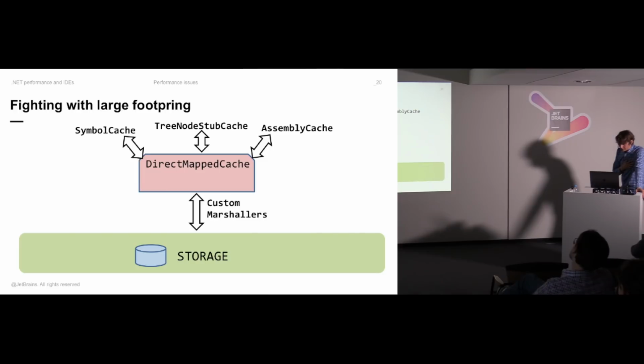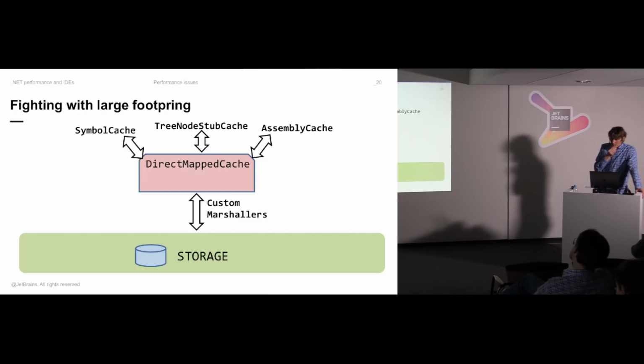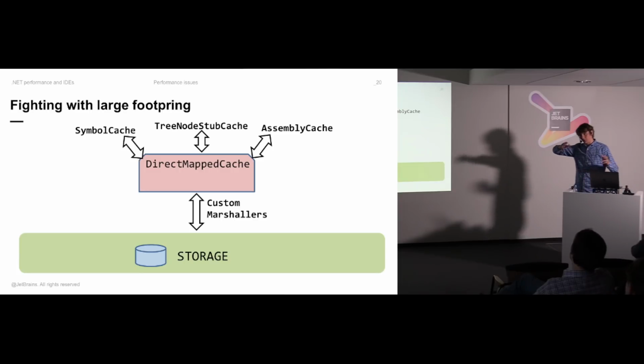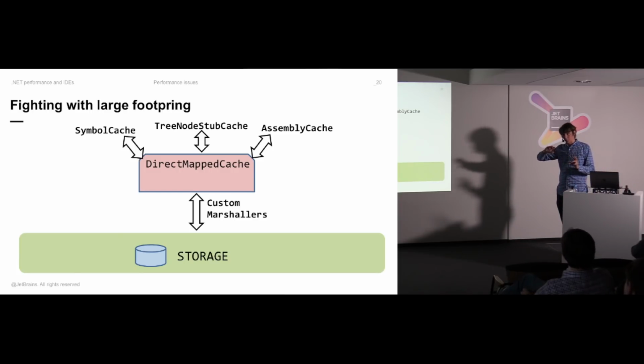Let's continue with UI smoothness. Before I show you an example, just a couple of words about ReSharper memory management. At this point, we are slowly starting to move from common .NET performance scenarios to the world of IDEs.